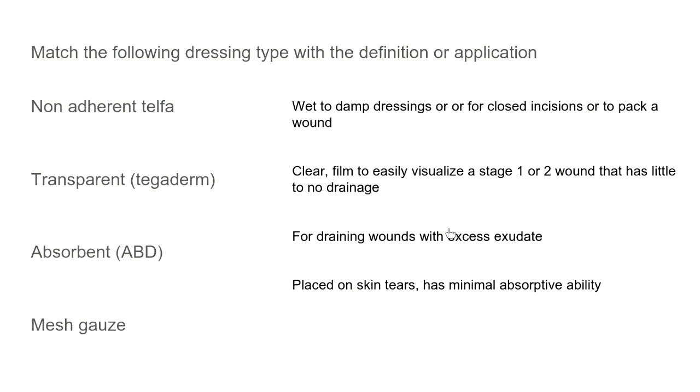Stage 1 or stage 2, that'll protect, maybe a very superficial stage 2 or a stage 1. And then the last one that matches the top one. You can use it for wet to damp dressings or for closed incisions, such as what you're going to use for your sterile wound demonstration, or to pack a wound. Good.